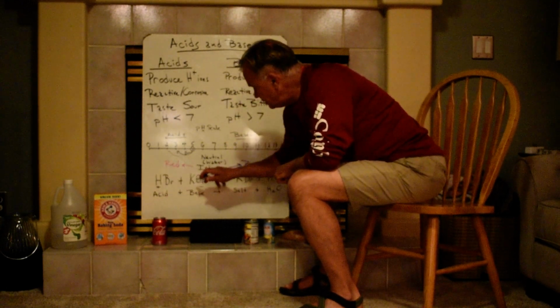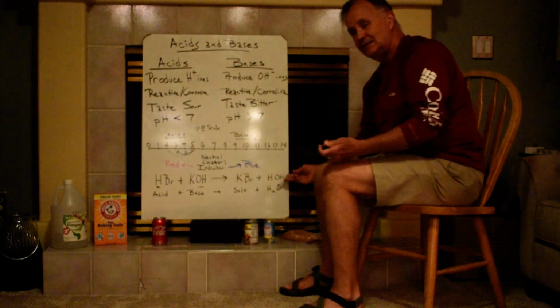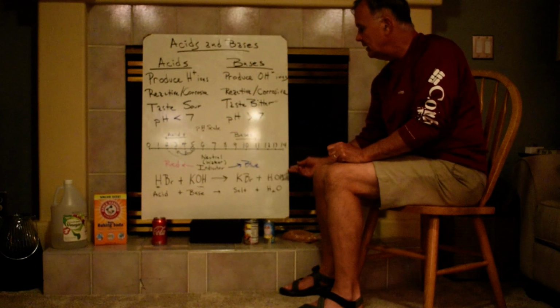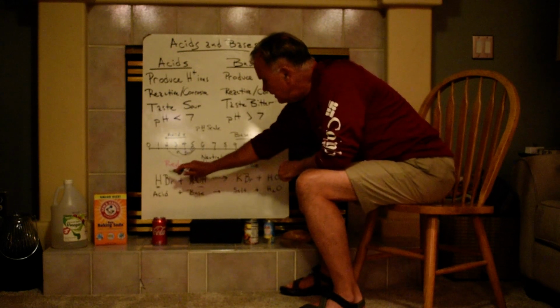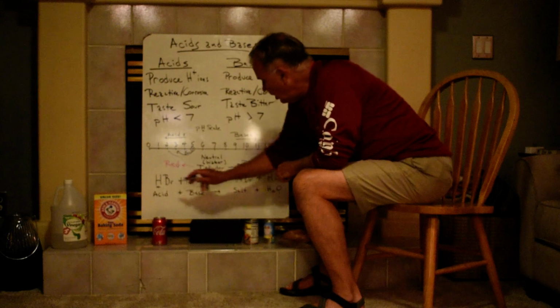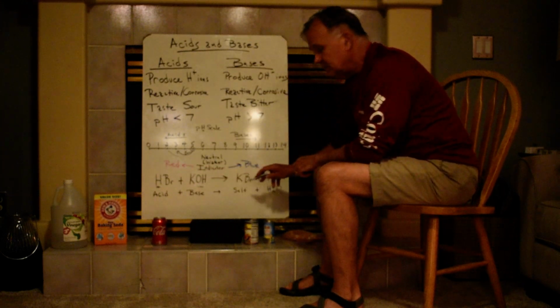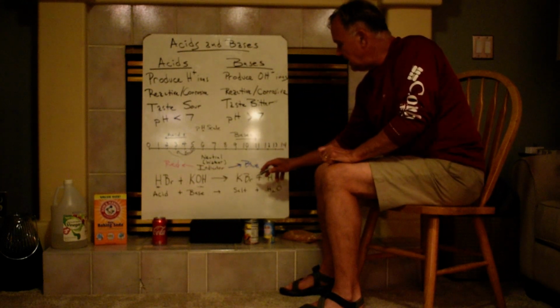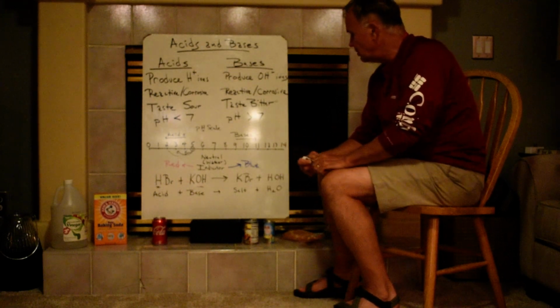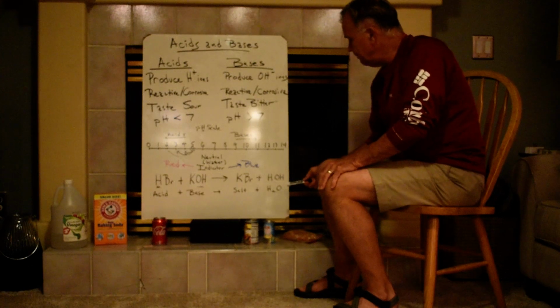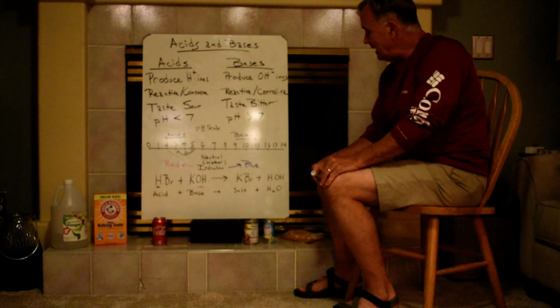Now you get HOH, that's H2O, so you get water. Then you combine the positive ion of the base with the negative of the acid, KBr, that is a salt. It's not NaCl salt like table salt, but it still is considered an ionic compound, or a salt. So that's called a neutralization reaction.